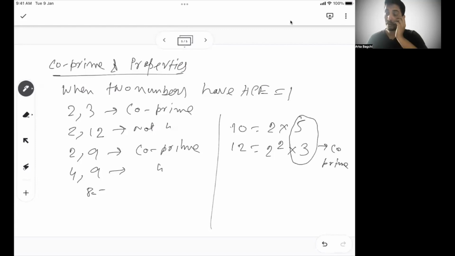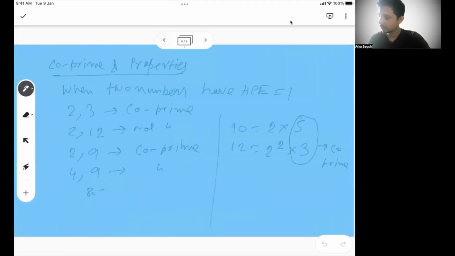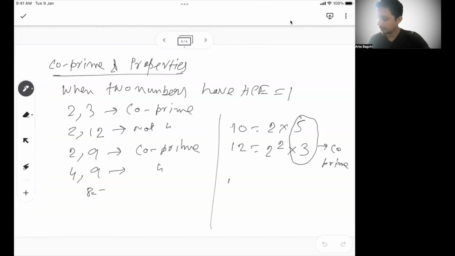Okay. So from here, what we can say is, let's say a number n1 can be written as a common factor into a coprime number. So let's say n1 and n2, where h is the HCF, and n2 I can write as h into k2.